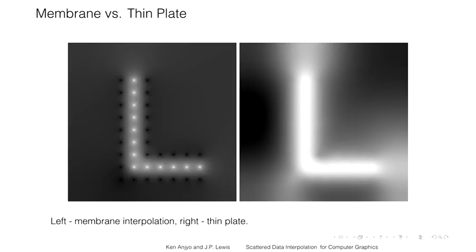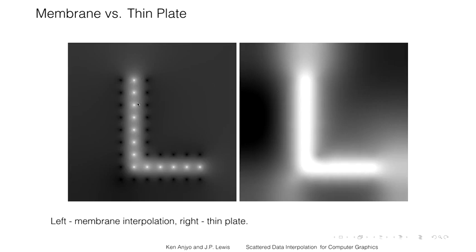Here's a comparison between the Laplacian interpolation and thin plate interpolation, which is minimizing the second derivative squared. The function being interpolated has positive spikes along the L shape, and it has negative spikes immediately adjacent to it and no other data.